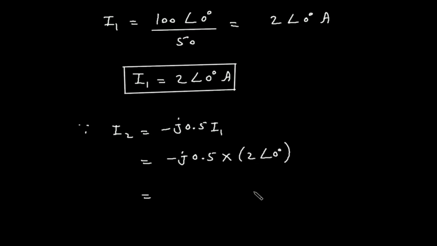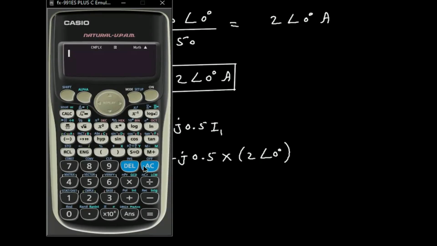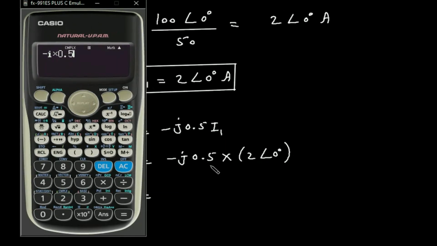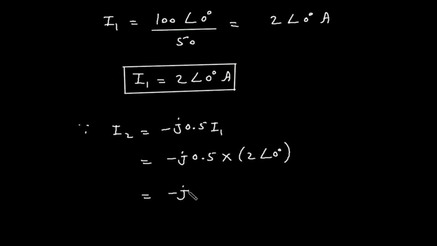Now in the calculator, if we solve this, minus j multiplied by 0.5, then multiplied by, in bracket, 2 at an angle of 0 degree. So this will be minus j, in rectangular form.